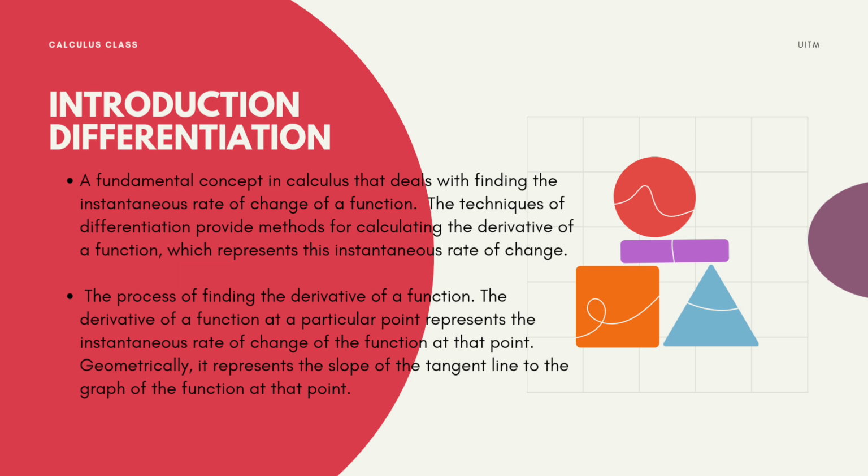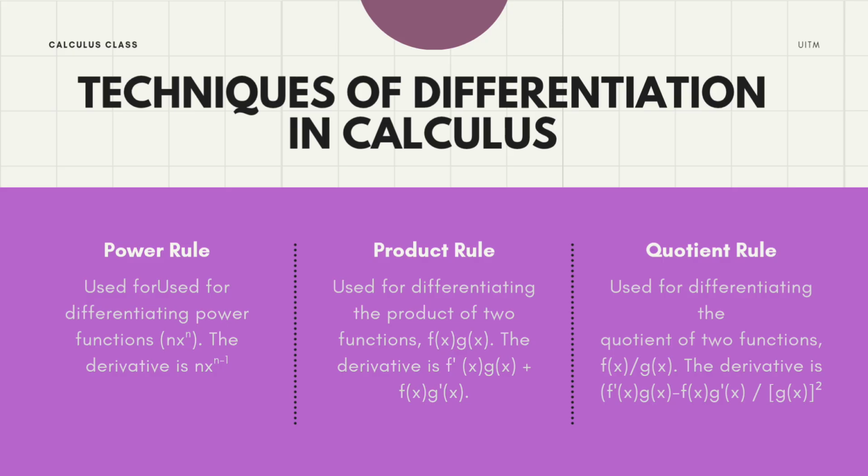The derivative of a function at a particular point represents the rate of change of the function at that point. It represents the slope of the tangent line to the graph of the function at that point. So let's begin our journey to better understand how differentiation works and why it's such a powerful tool in calculus.